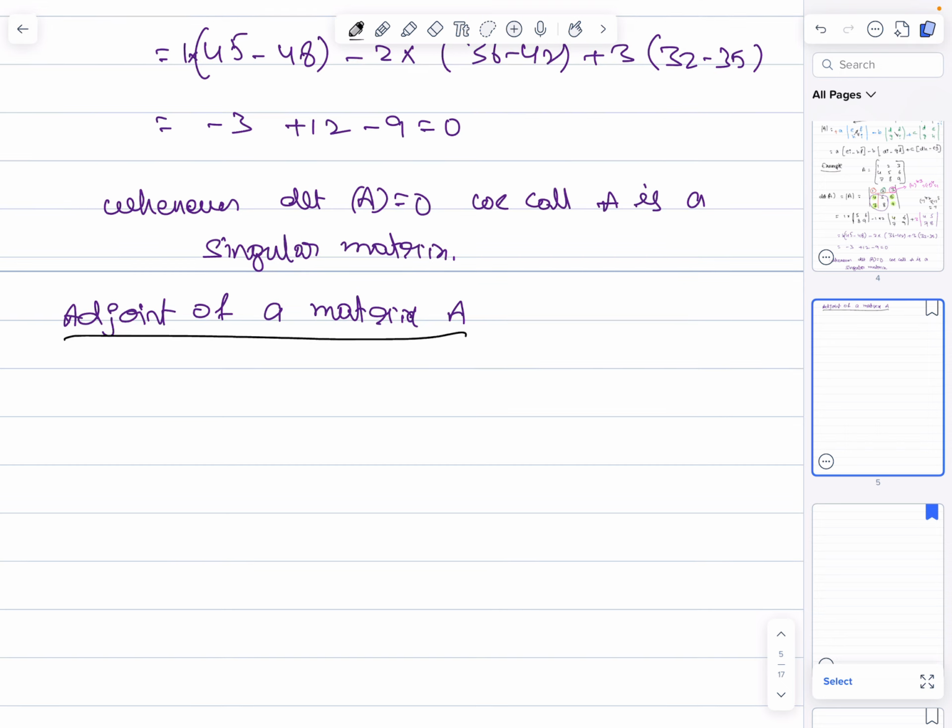Firstly, find the cofactor of each element. Write a cofactor matrix.